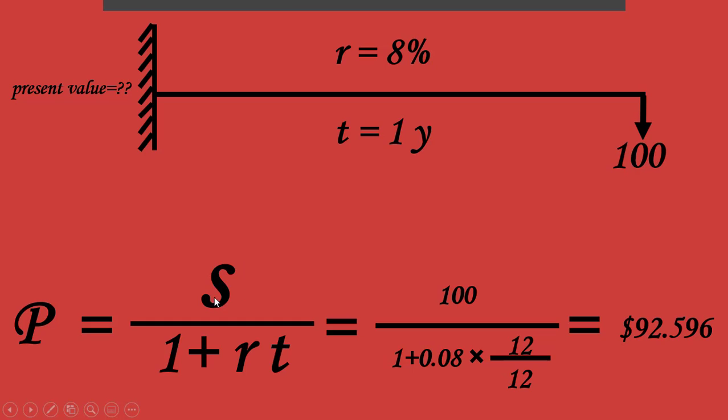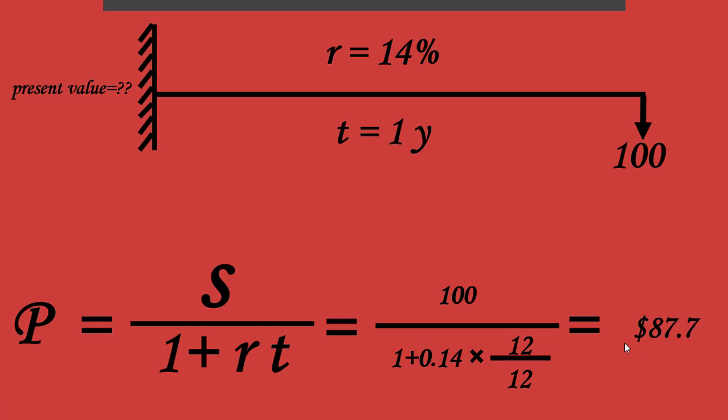We will substitute S equals $100 and R equals 8% and T equals 1, or 12 months over 12, so B equals $92.596.